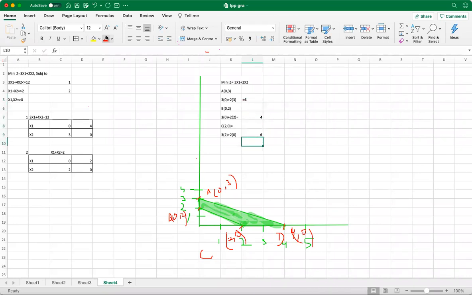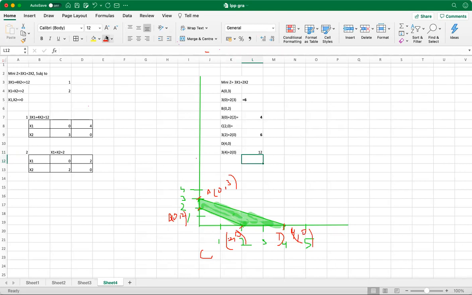Now point D is going to be 4, 0, which is equal to 3 into 4 plus 2 into 0. Right? That gives me 12. Are you all following what I did? Yes, ma'am. Any doubts? No.